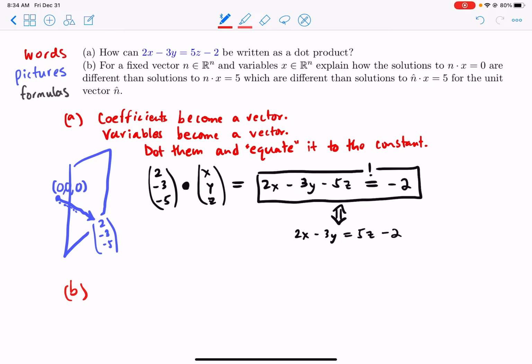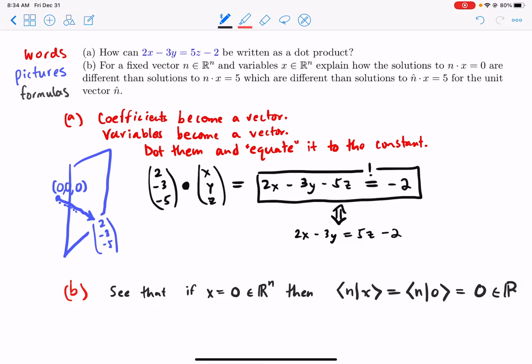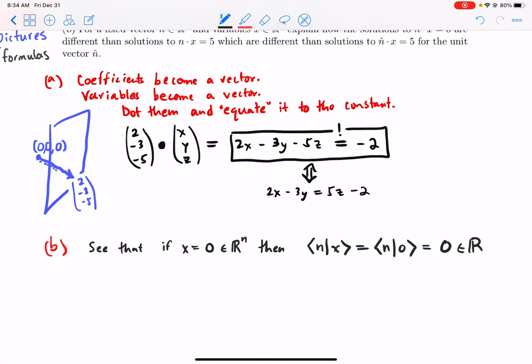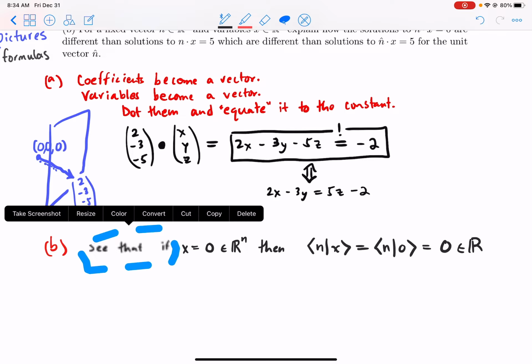Okay, so what am I going to do? First, let's just make a calculation. See that, okay, these are words, but see that if x equals the 0 vector, then what do I have? n dot x equals n dot 0 equals 0, a real number.